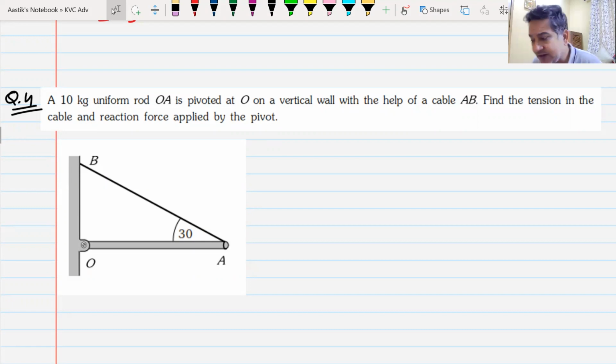Let us draw the free body diagram of this rod. Now, what are there in the free body diagram of this rod? There is tension T like this. Yes or no? Yes, sir. There is a weight W like this. Anything else?